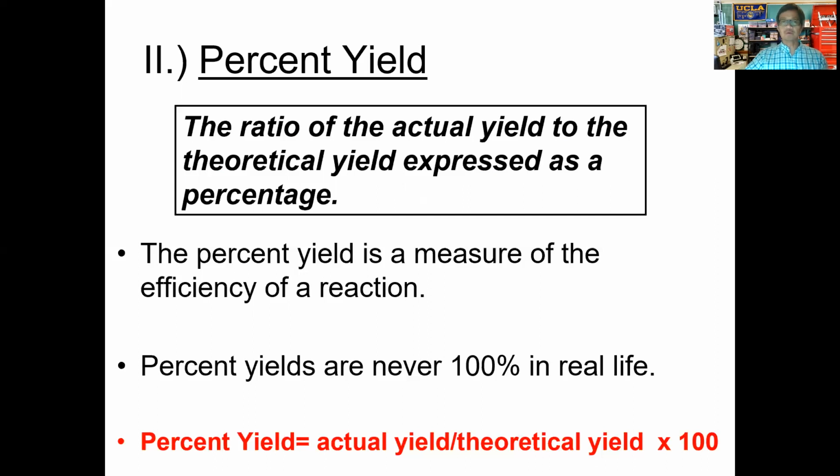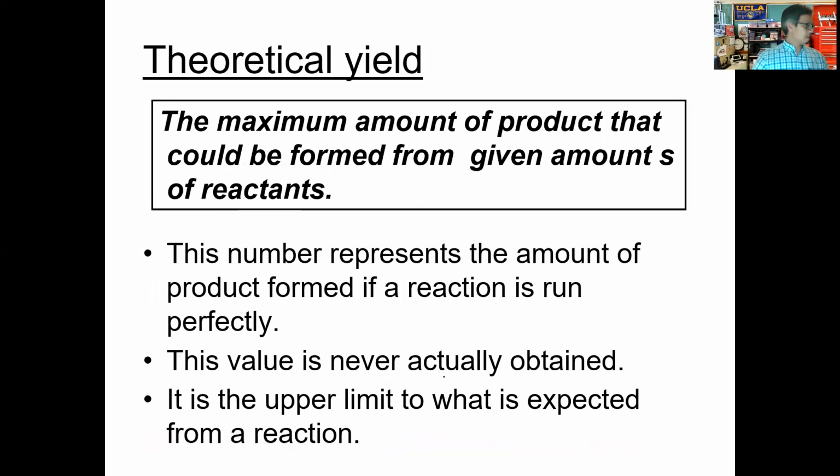Even though we don't expect to get 100% yield, we want to be able to calculate for it. So what is the actual yield, and what is the theoretical yield? Well, the theoretical yield is what we've just solved for. We take the limiting reagent, we find how much product will form, and that's the maximum amount of product that will form. That is the goal for our reaction.